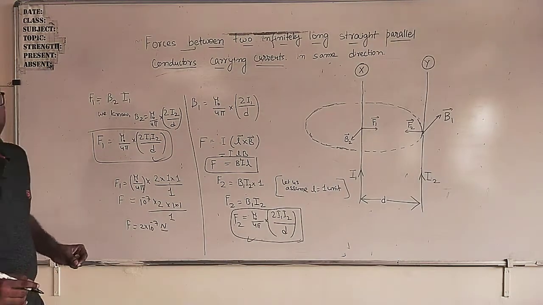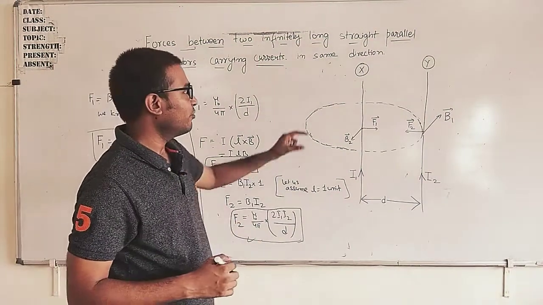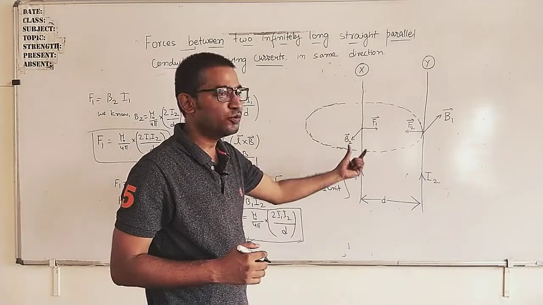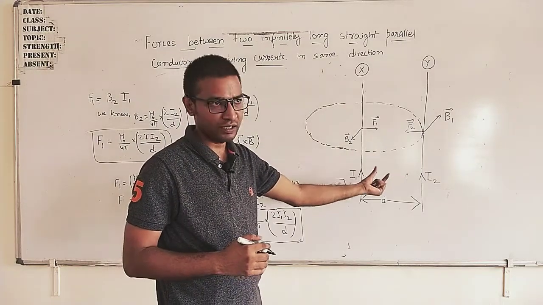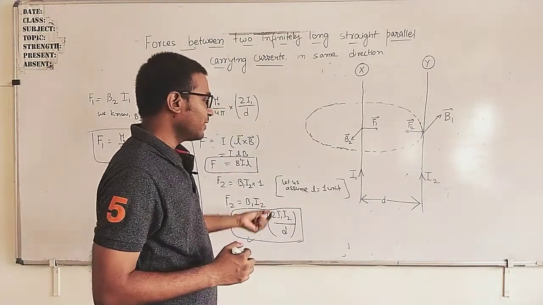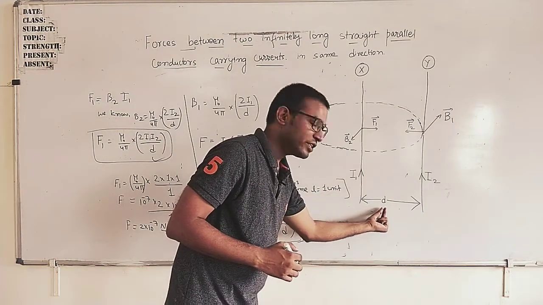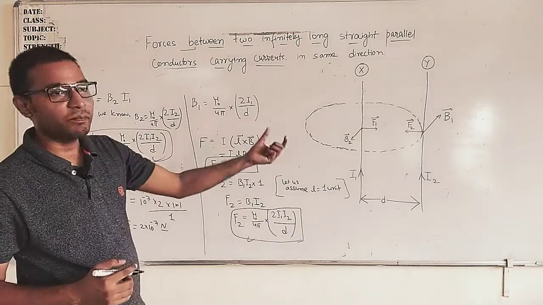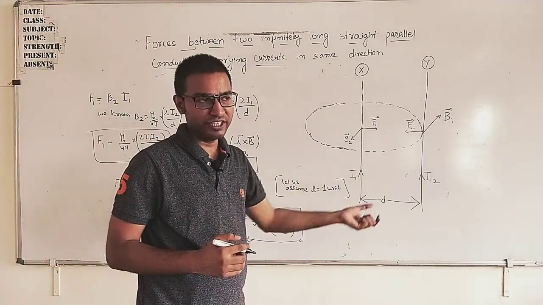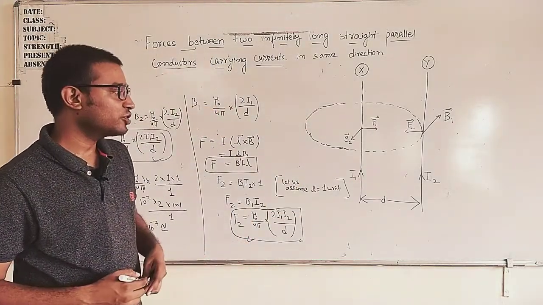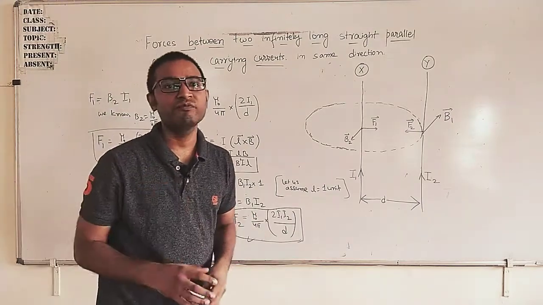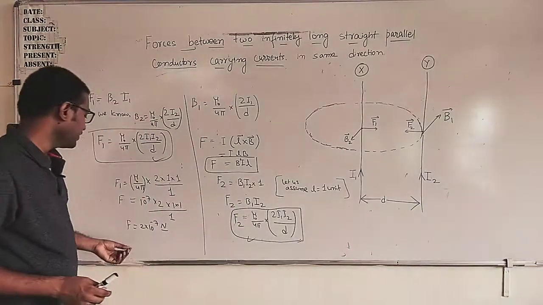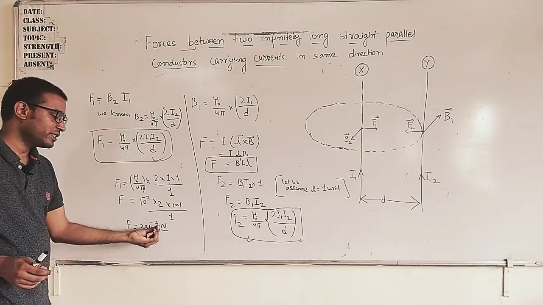So 1 ampere is that current when this amount of current is passing through two parallel current carrying wires where the separation between them is 1 meter, and they are placed in vacuum or free space. Then the attractive force per unit length between them will be equal to 2 into 10 to the power minus 7 Newton.